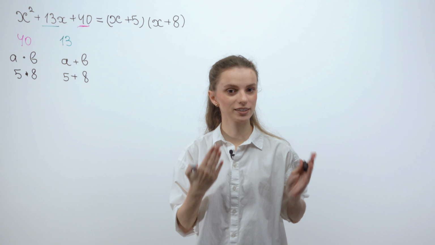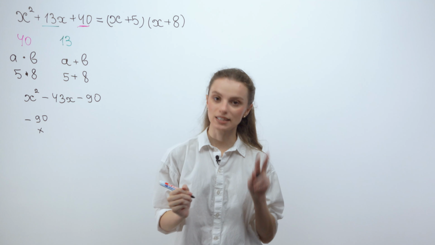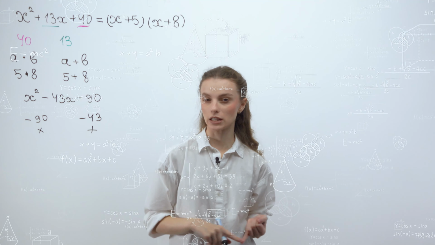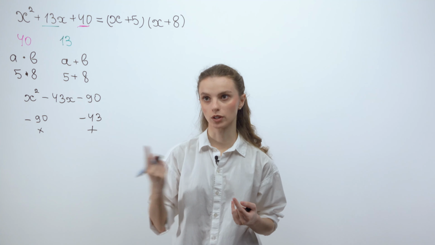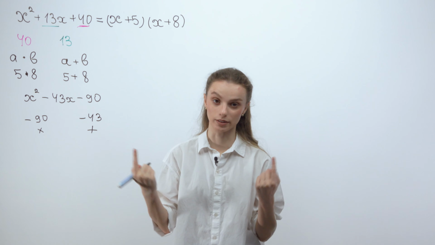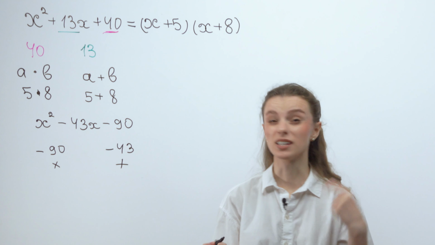I have to think what two numbers I need to multiply to get negative 90. The same numbers I need to add and get negative 43. Now I'm going to start thinking 90 divided by 10, so it will be 9 times 10. One of them has to be negative. Let's say negative 10. Negative 10 plus 9 is going to be negative 1.